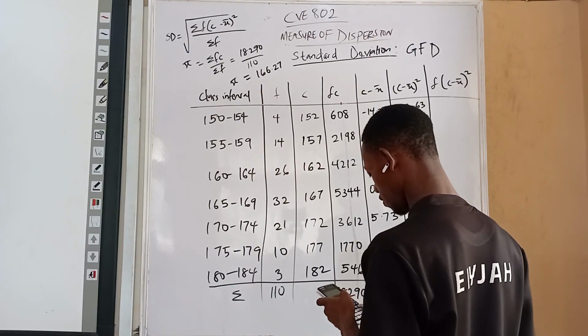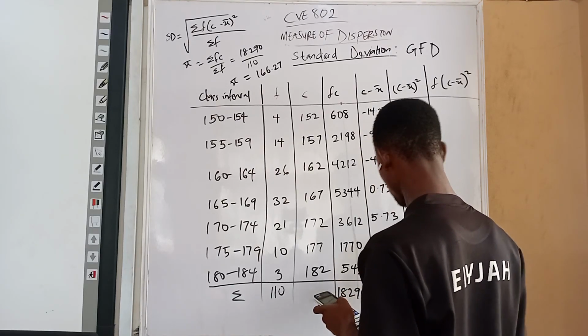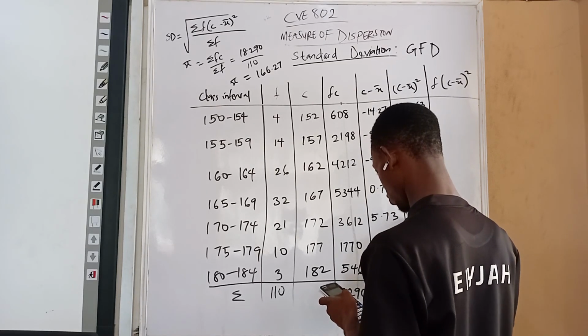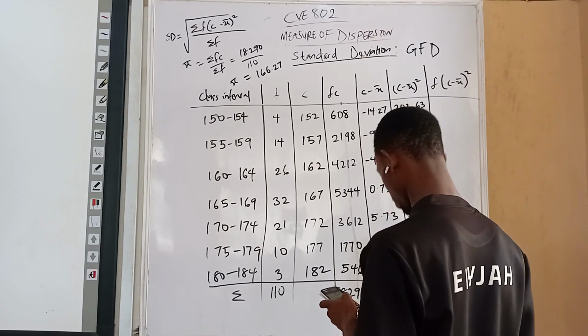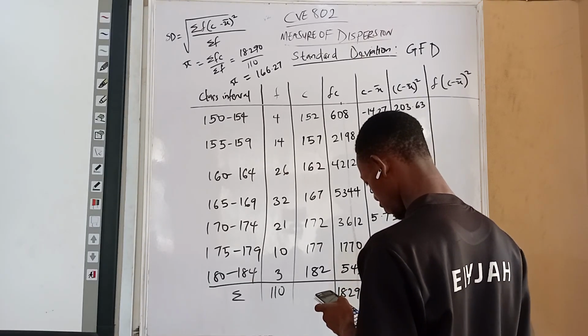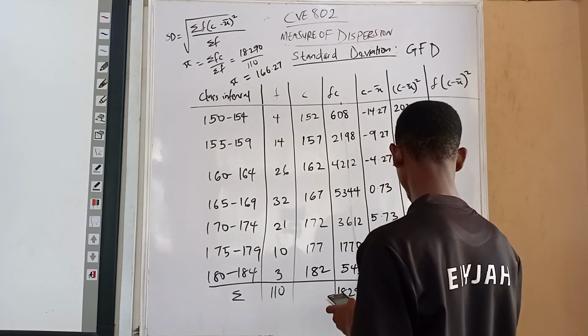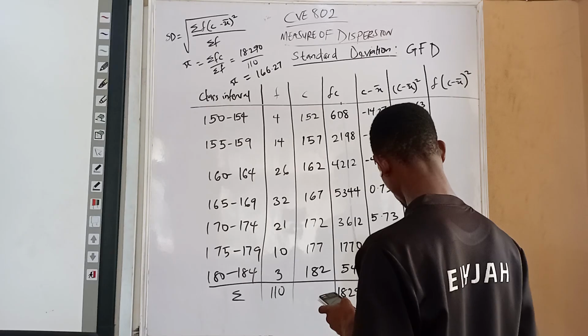Then 5.73 squared is 32.83. We were adding 3, right? Then 115.13. You notice when I was doing it inside the handouts, you do not put everything in one table like this.